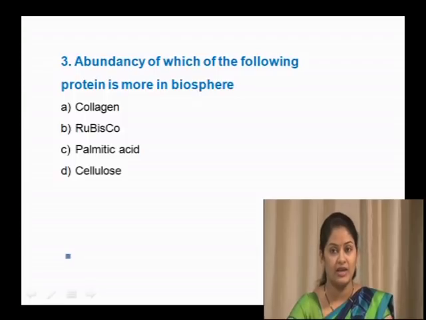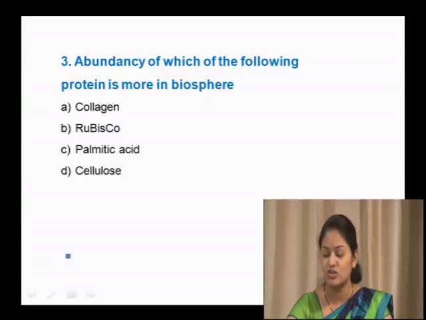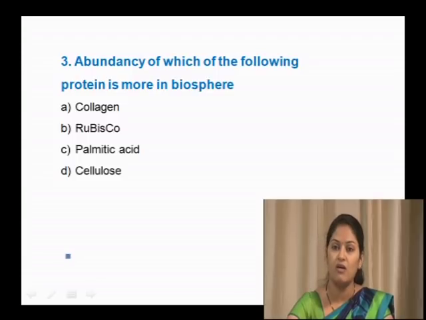Option A, collagen, though it is a protein, is the most abundant protein found only in the animal world. Option C, palmitic acid, is actually a saturated fatty acid found in all kinds of lipids, so it is found in animal's body.